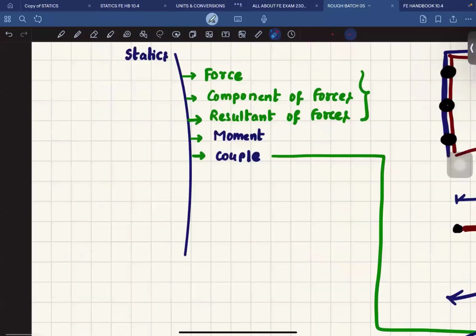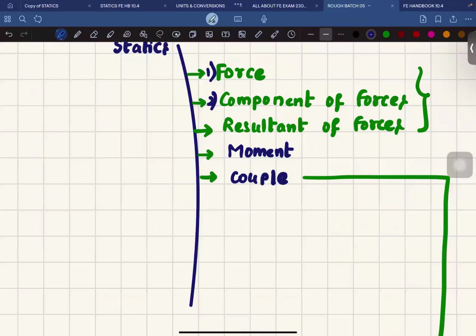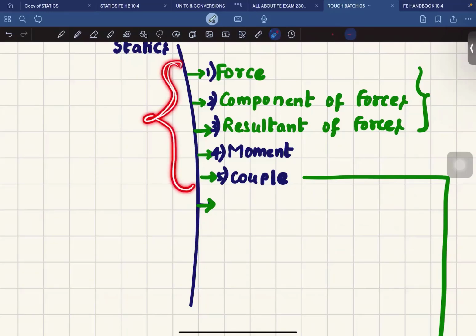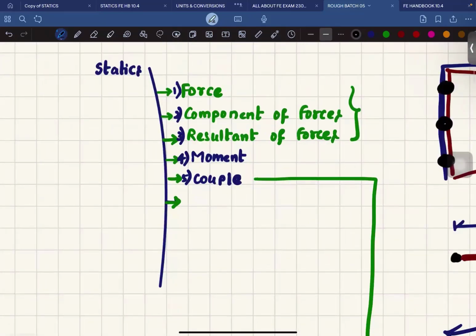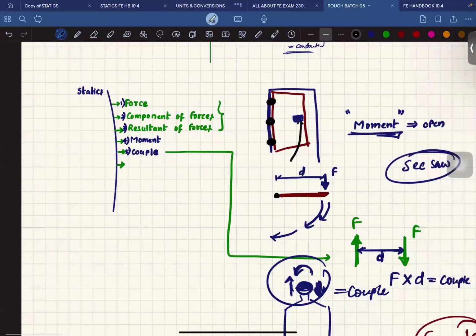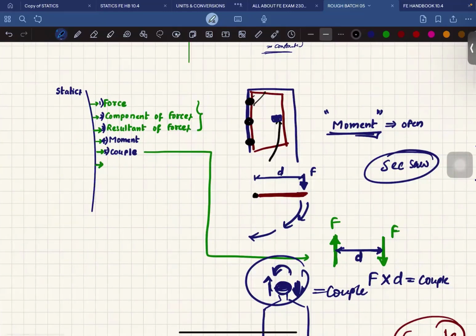Going further, we'll study force, components, resultants, moment, couple, and then we go slightly ahead. Because of these five things acting on a body, it will undergo some motion. If you apply some force, the door is under motion, rotation or translation.